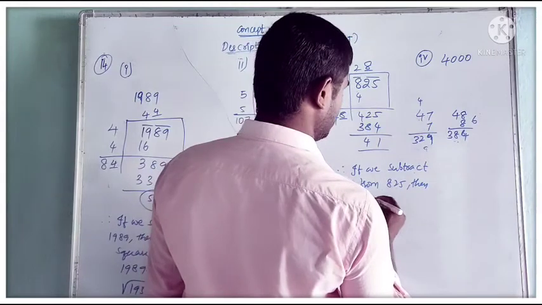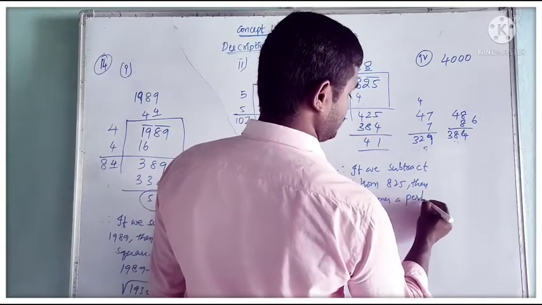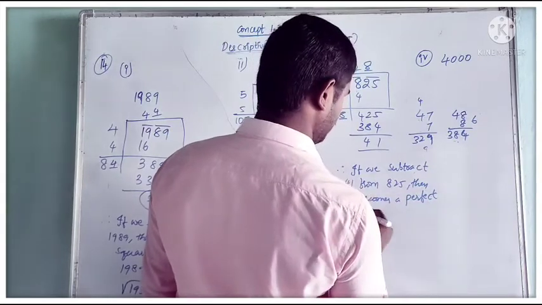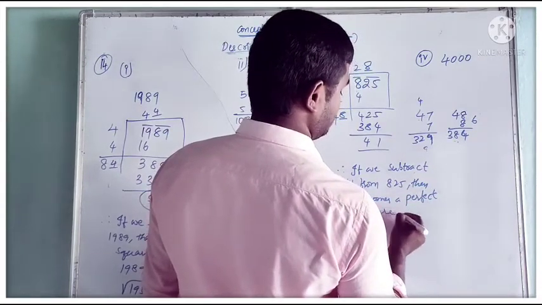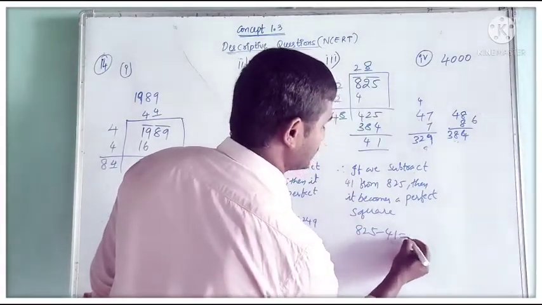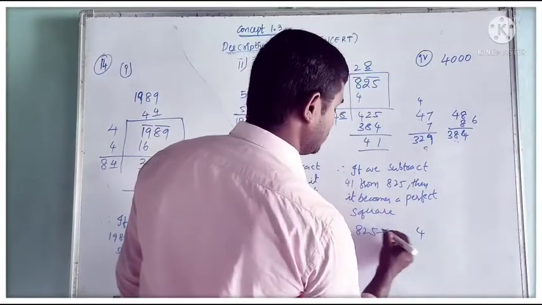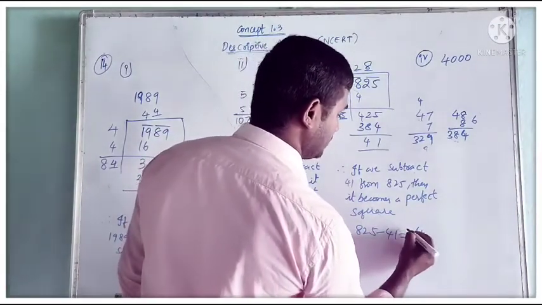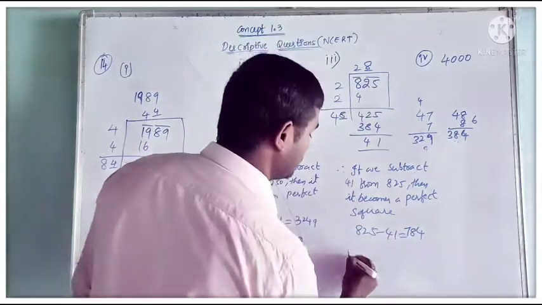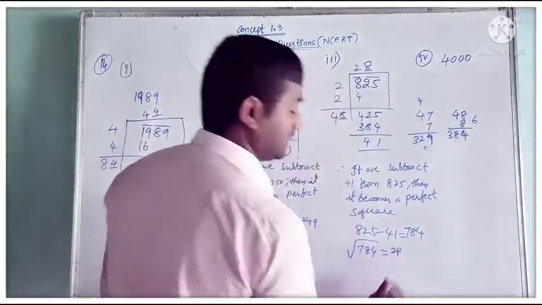So 825 minus 41: 5 minus 1 is 4, so 784. So the square root of 784 is equal to 28 alone.